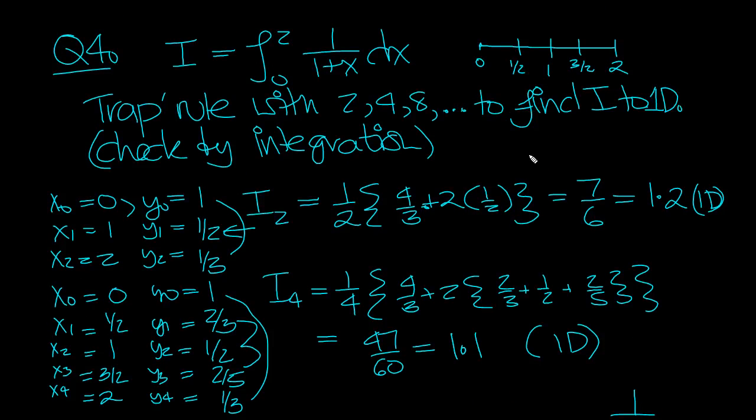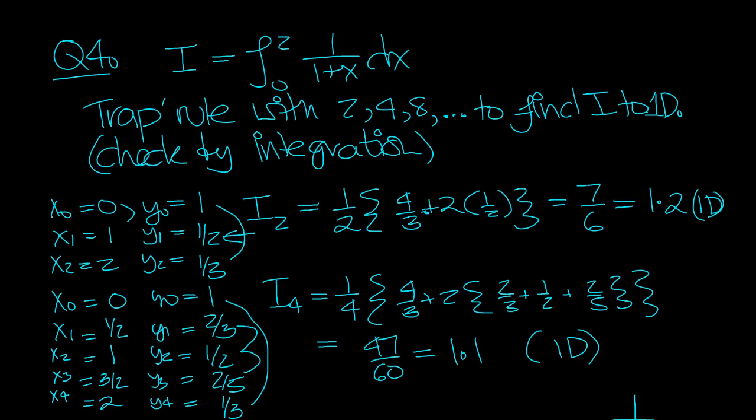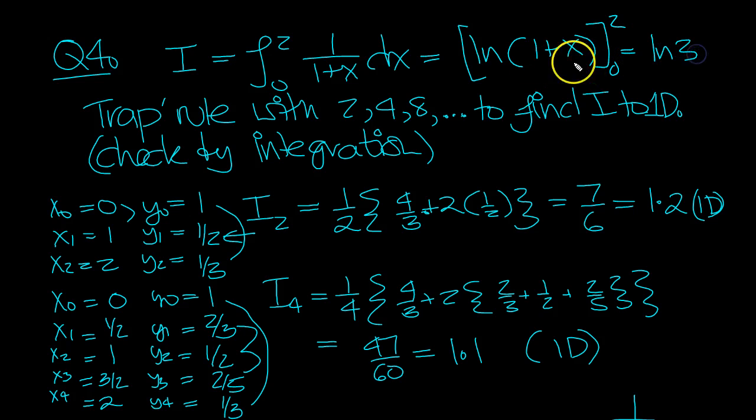The integral itself is this. It will be log. When you work out an integral of this, let's just do it up here. What do we get? We get ln of 1 plus x is the integral here, and that would be between 0 and 2, which is top value is log 3, and the bottom value is log 1. So the answer is log 3.